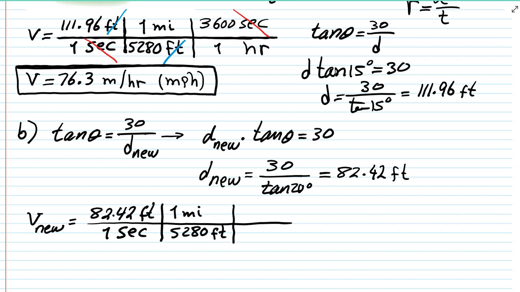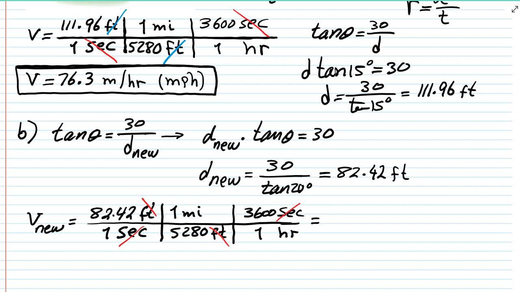That will convert feet to miles. And 3,600 seconds per 1 hour. And that will convert seconds to hours. The seconds cross out, the feet cross out, and my answer is going to end up in miles per hour.